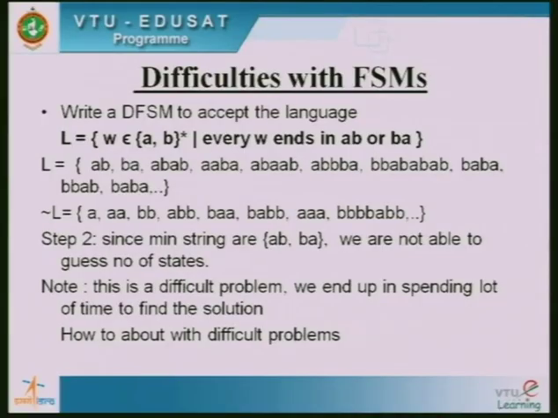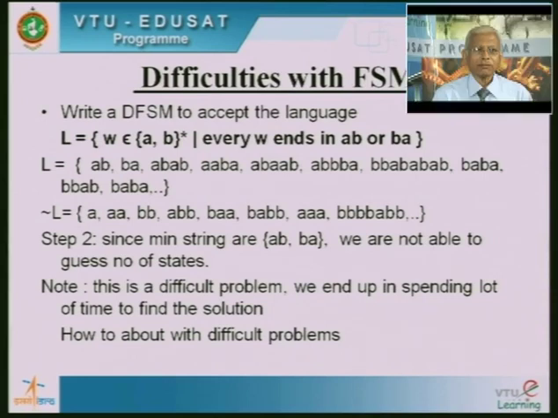To recollect yesterday's discussion, suppose you want to write a deterministic finite state machine for L equal to W, an element of {A, B} star, where every W ends in AB or BA.